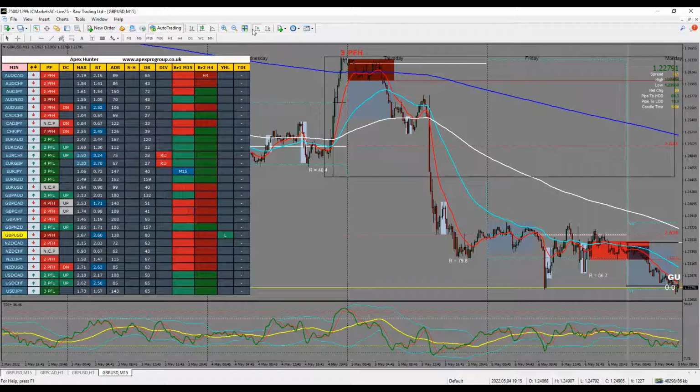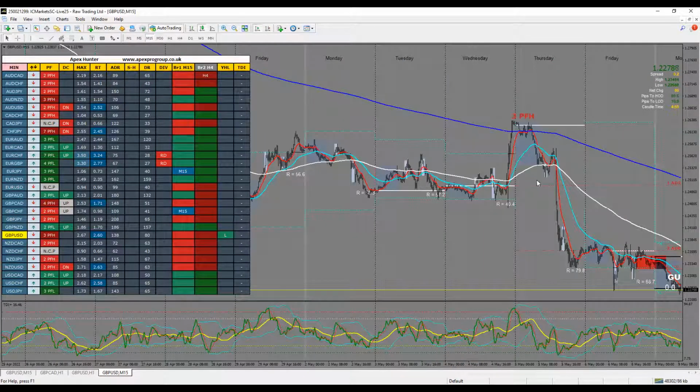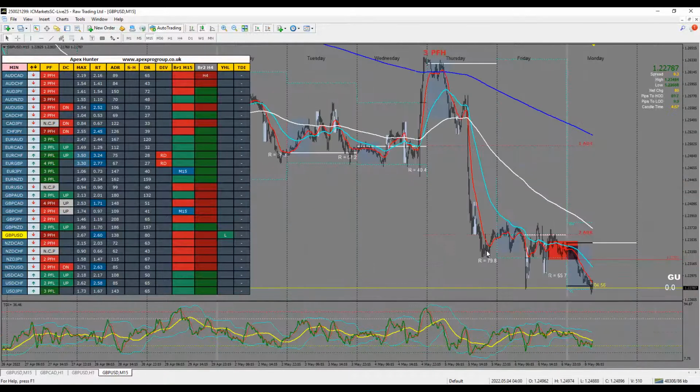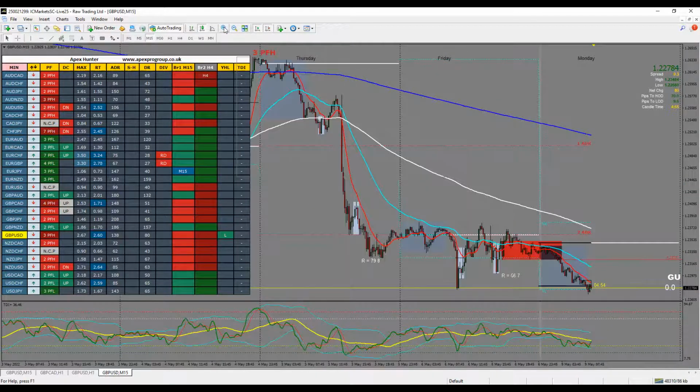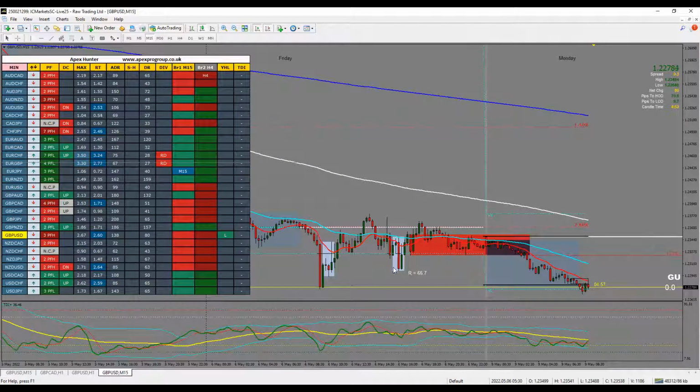So let's turn that one off. Put the auto scroll on. So here at the moment, this M15 breaker was created, and then the last bullish candle here is marked with this little wireframe box. So at the moment we're making bearish structure.